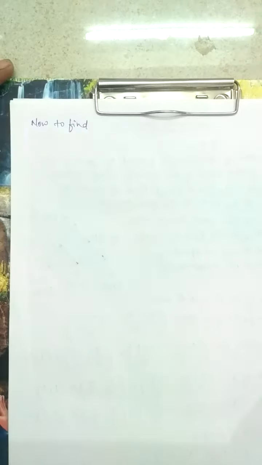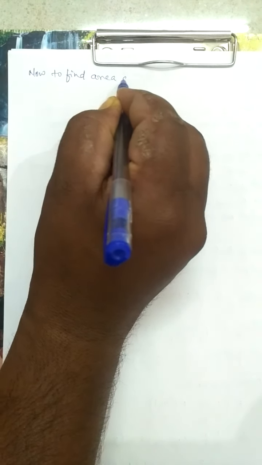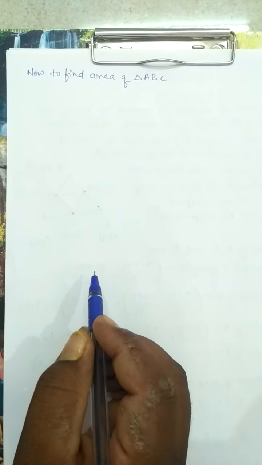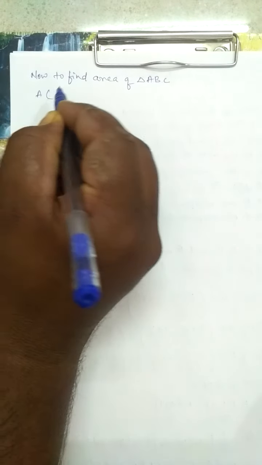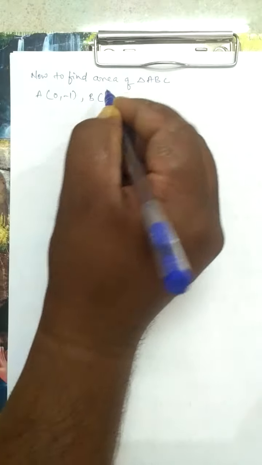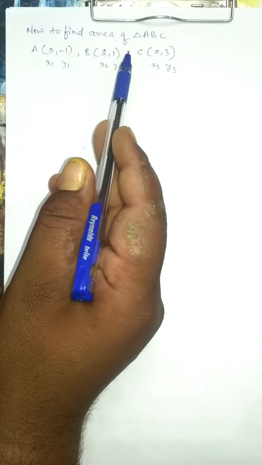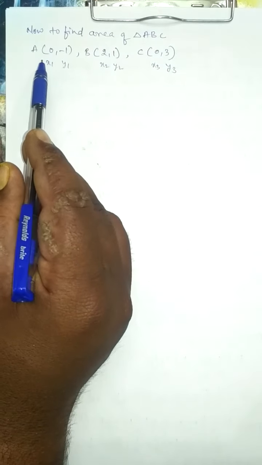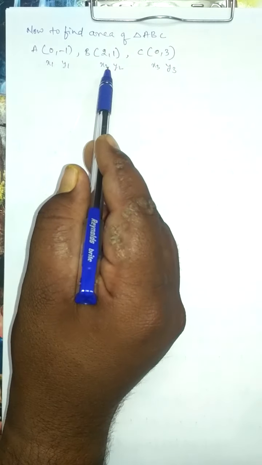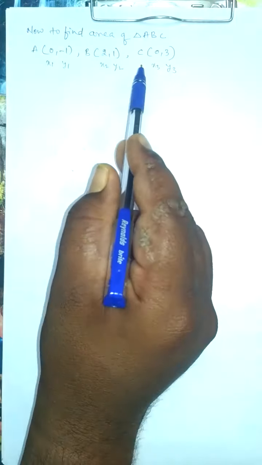Now to find area of triangle ABC. Here A coordinates, it is 0 comma minus 1, B coordinates, that is 2 comma 1, and C coordinates, 0 comma 3.